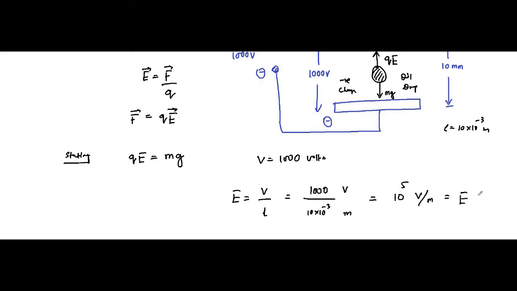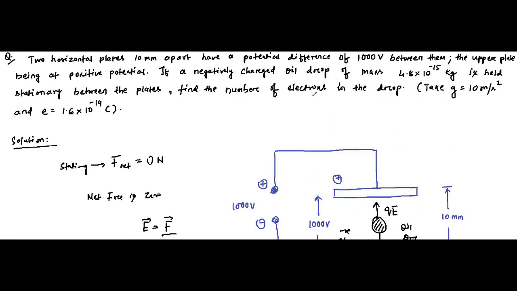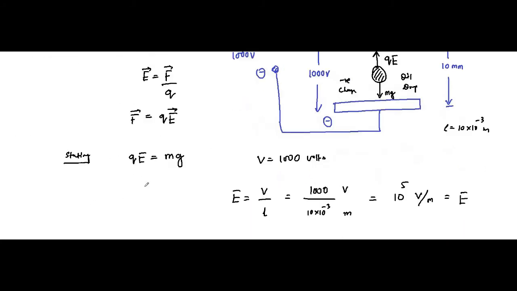That is the value of electric field. We have been asked to find the number of electrons. So here Q is the total charge contained in the oil drop, the negatively charged oil drop.